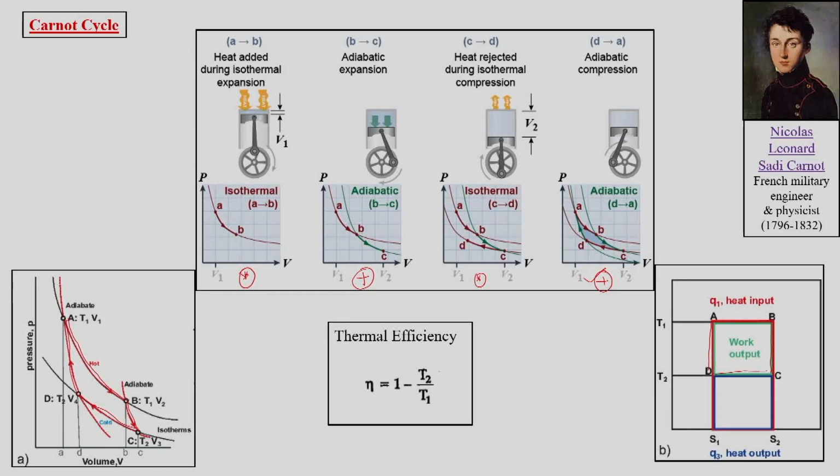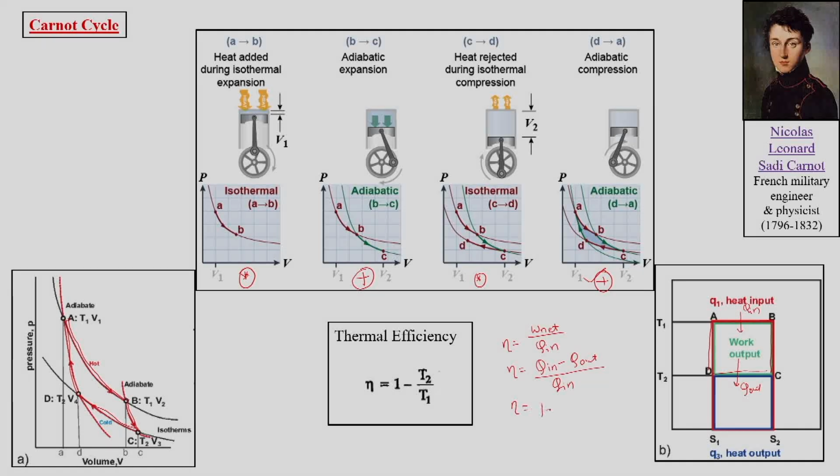We know that efficiency is generally defined as efficiency equal to W net upon Q in. From the first law of thermodynamics, W net is the total heat interaction, which is basically Q in and Q out. As per sign convention, W net is equal to Q in minus Q out, divided by Q in.